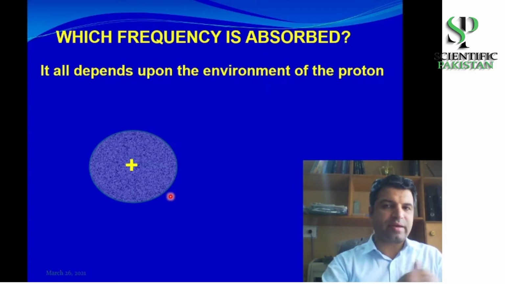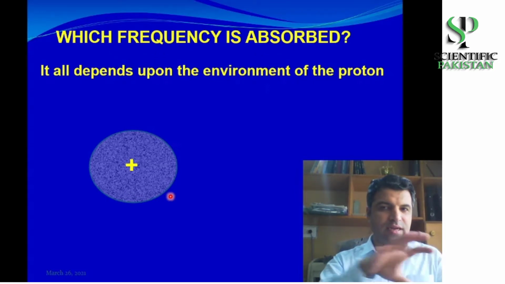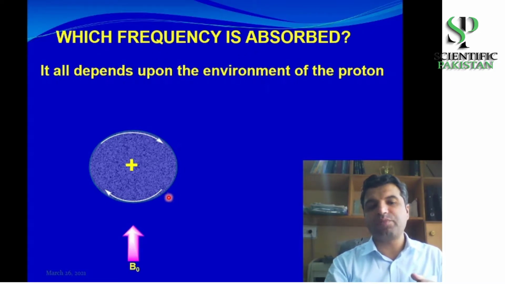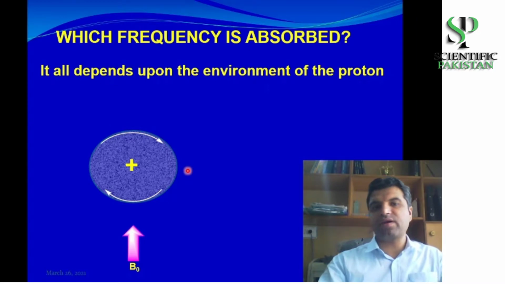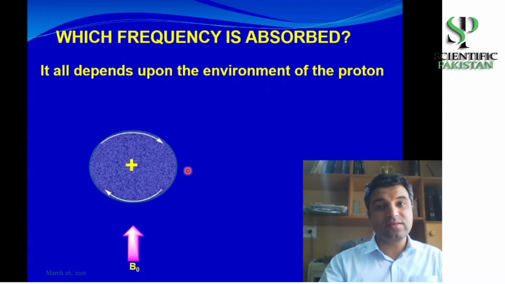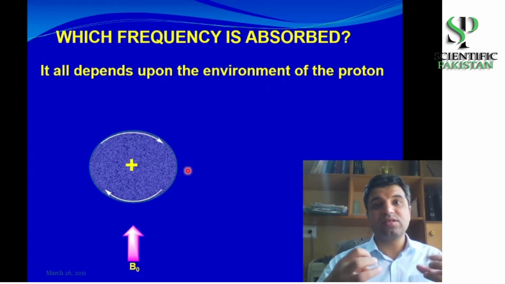As you turn on the magnet, this electron cloud will start moving in a particular direction, because under the influence of this magnetic field, these electrons will move. And you know that the movement of electrons is known as current. And whenever current flows, it produces its own magnetic field.